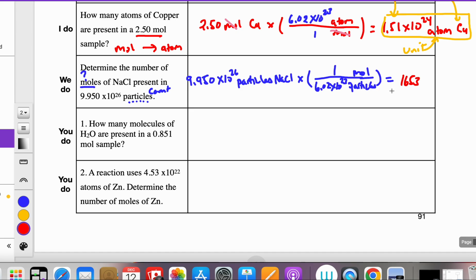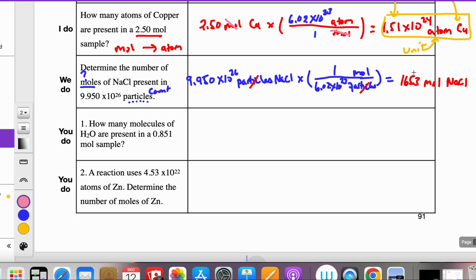Now I need to do the same math with the units. I have particles times moles divided by particles. Since there's a particles upstairs and a particles downstairs, I'm allowed to cross them off. The only unit I'm left with is the mole, and this number of moles belongs to the substance NaCl.